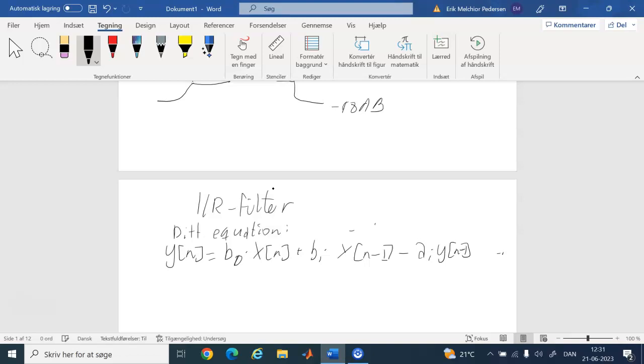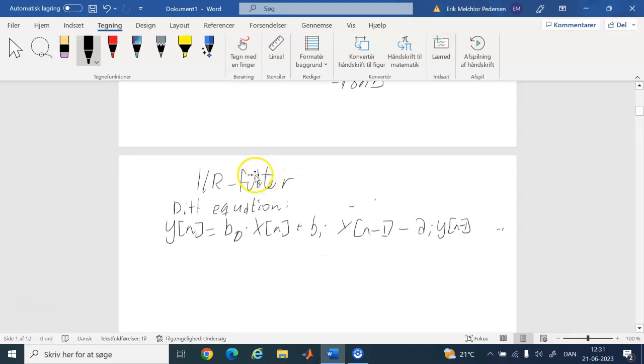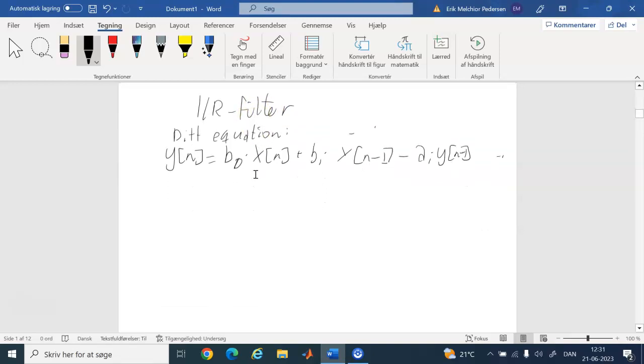So, difference equation. Feed forward and feedback, forward and backwards.